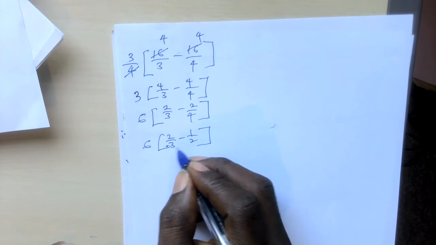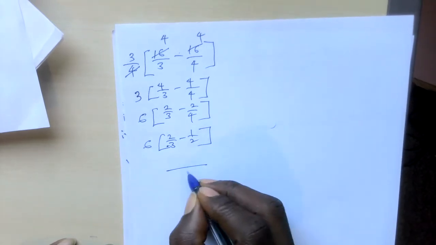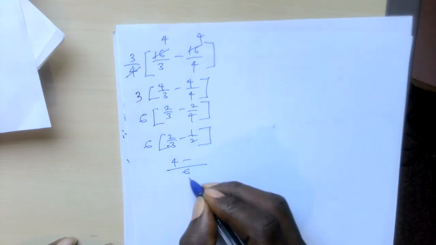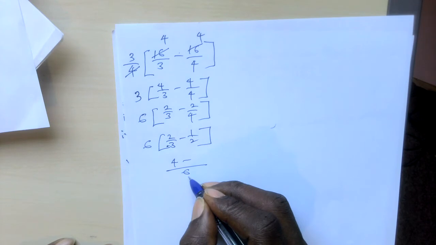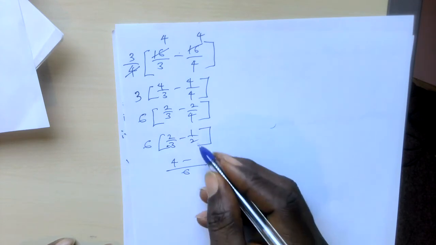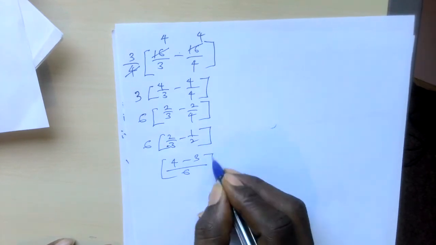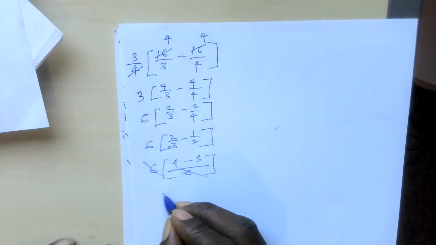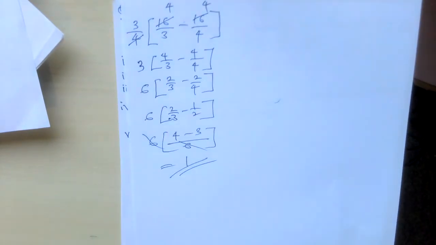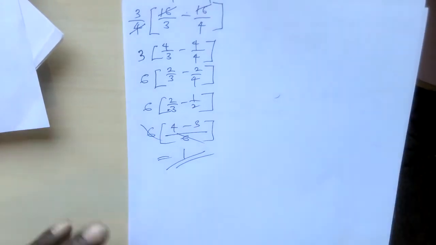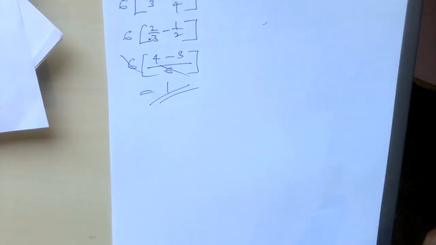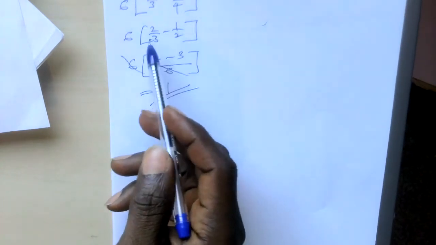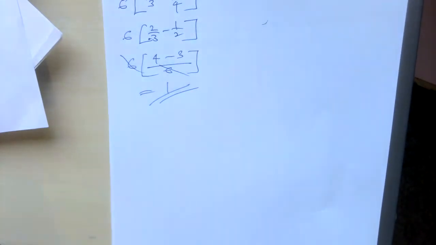Take the LCM of this, that's 6. 3 into 6, 2 times 2, 4. 2 into 6, of course we know it's 3, 3 times 1 is 3. 6 cancels 6. 4 minus 3, so it's 1. I just subtracted this from this. So you can use any method.